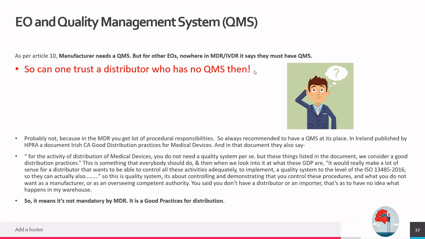All of this should be captured in the manufacturer-distributor agreements, right? Yes, these will be captured. That is what I'm saying: as per MDR, there is only a compulsory mandate to be in written form between the manufacturer and the authorized representative.